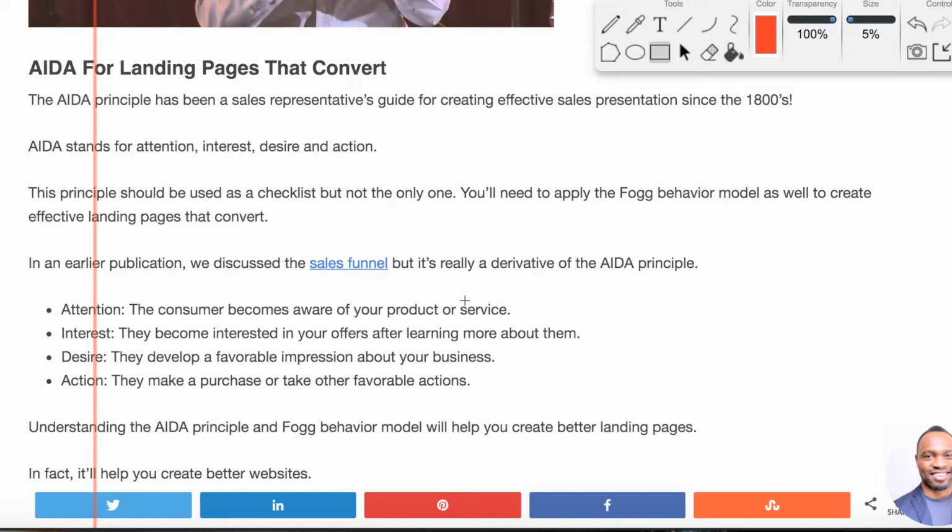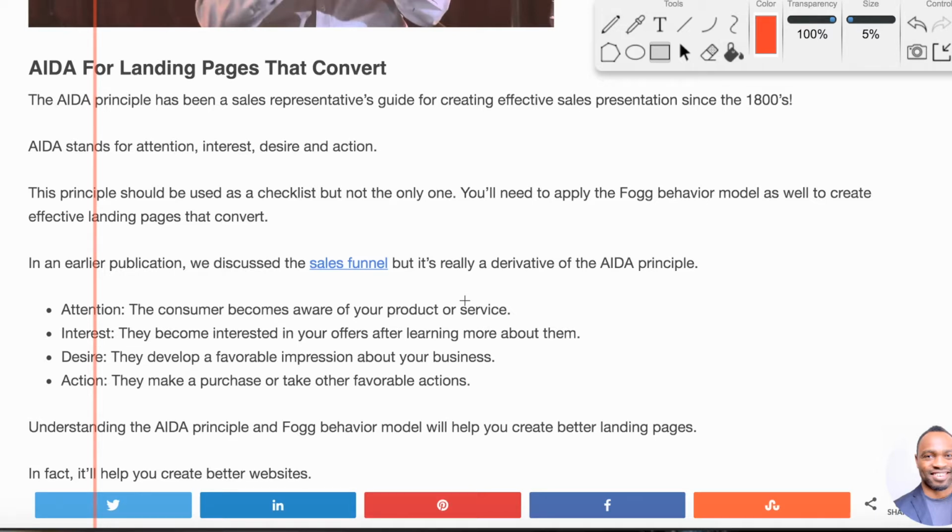What do they want to get out of this? What are the benefits, right? You can use bullet points to show benefits. It's a very good way to use bullets. Bullets can really create desire in a prospect. So you can do that.